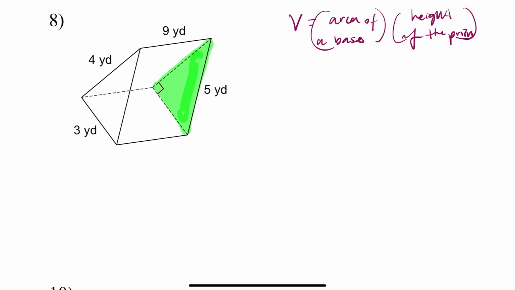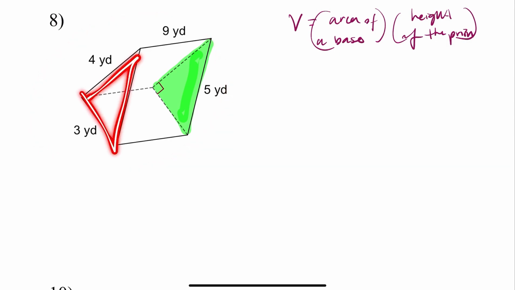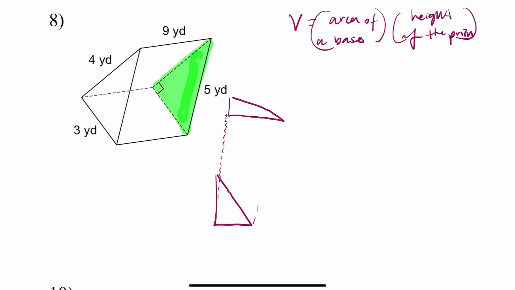For a second, you might think that 4 is the height of the entire prism. But remember, these two triangles represent the bases, the bottom and the top. Maybe I can draw it like this: if I drew the bottom, and then going up the height, here is the top of this thing.